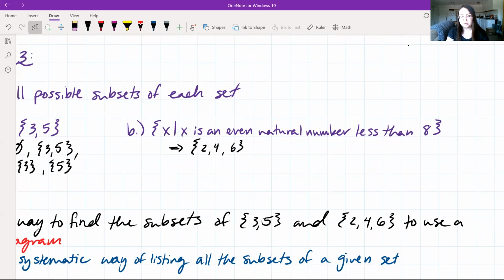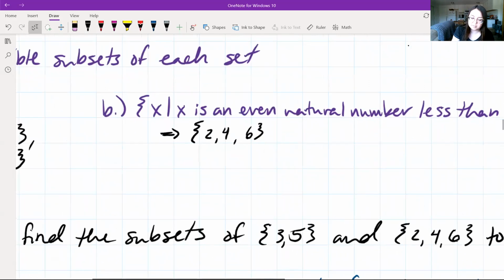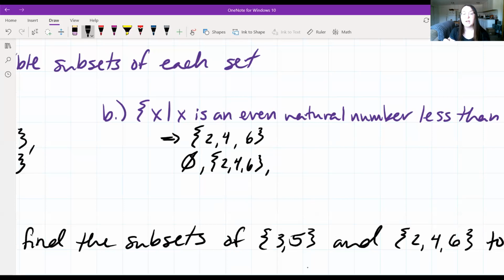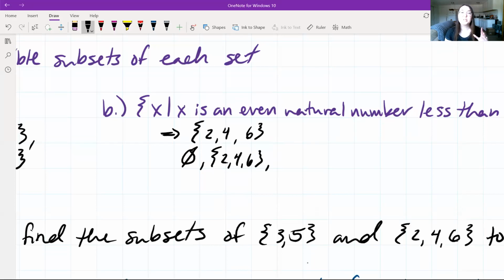So now we have a set where there are 3 elements. We know always the empty set is a subset. The set itself is a subset. Now we need to find all the subsets in between. So let's just start by doing the single elements.